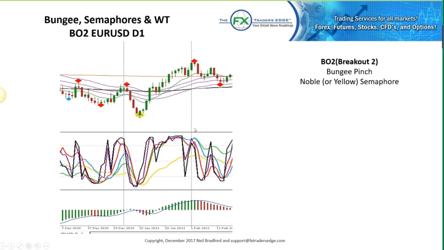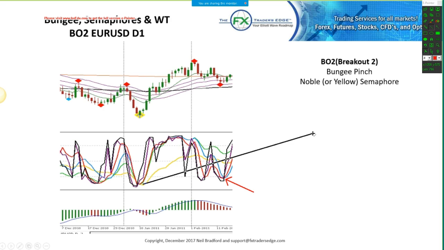And look at that bungee pinch at the bottom. It's very similar to the previous slide. Bungee pinch, and we're looking for a yellow semaphore, hopefully a noble if the yellow bungee continues its journey to the top. It's highly likely to. With this snapback up to the green, it's going to draw the yellow higher.